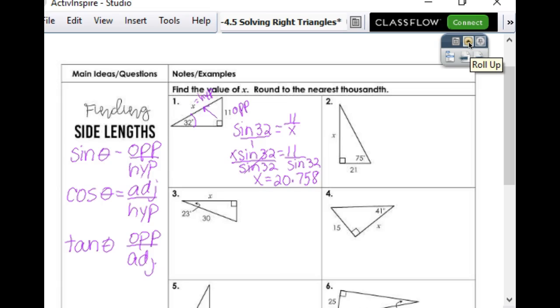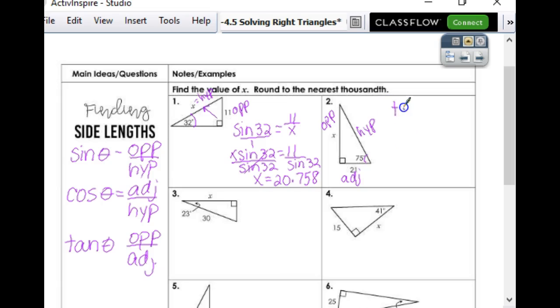Okay, so the next one, where's the right angle? It's right here. So what side is this? Hypotenuse. So here's the angle that I'm given right here. So what's this side? This is opposite, and this is adjacent. So I'm given opposite and adjacent, and that is the tangent.